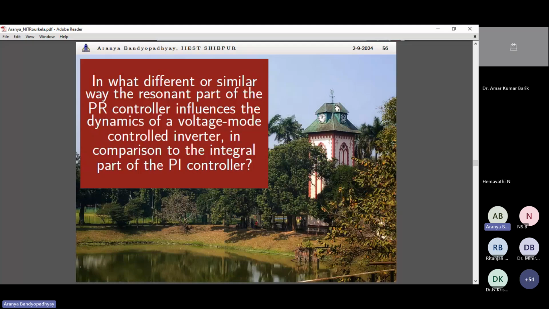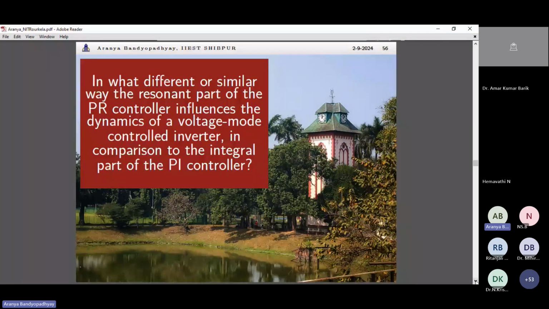But the thing is that all the analytical paradigms are focused upon the case of the PI controller, even in case of the inverter, and even in case of the PR controller, some rigorous analytical results are still missing. So let us just say at this moment, if the dynamical behavior of the proportional resonant controller is somewhat similar to that of the PI controller, what is the importance of this question?